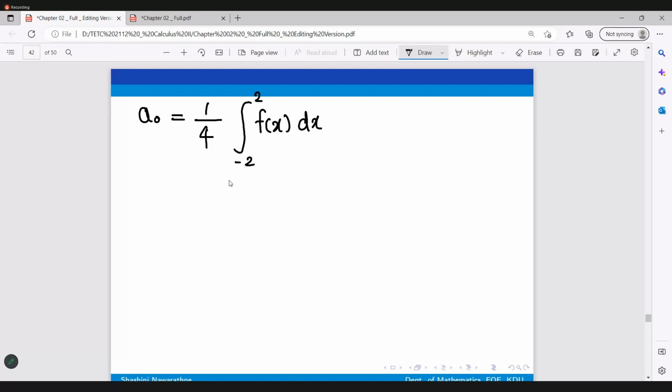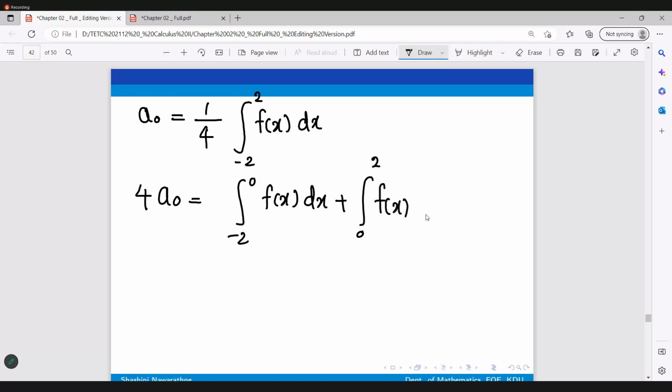And we can see that from minus 2 to 2, the function f of x is defined as a piecewise function. So there are two cases. So we can write 4 times a naught is equal to the integral from minus 2 to 0 of f of x dx plus the integral from 0 to 2 of f of x dx.